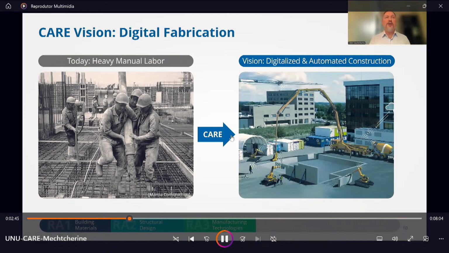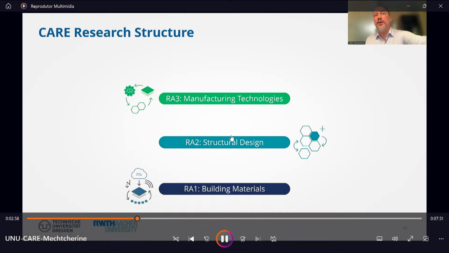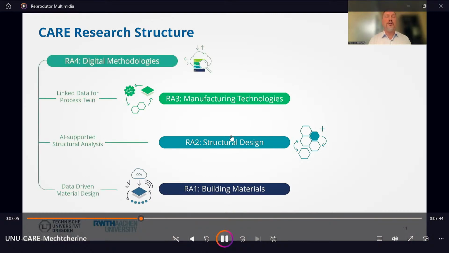These innovations will redefine efficiency while making construction more appealing and inclusive, especially for women and older workers. The groundbreaking transformation across these three interconnected areas of construction will be powered by novel digital methodologies, pioneering data-driven solutions across the value chain.